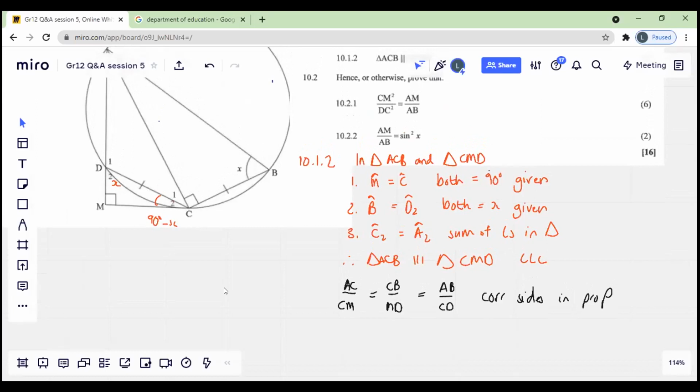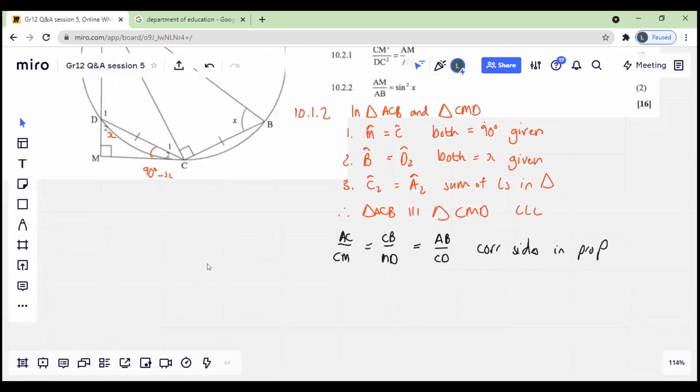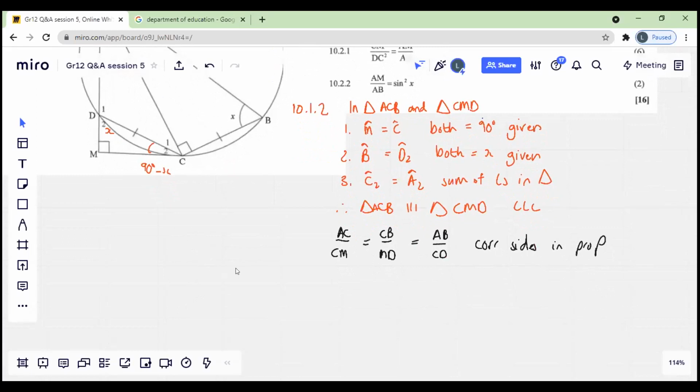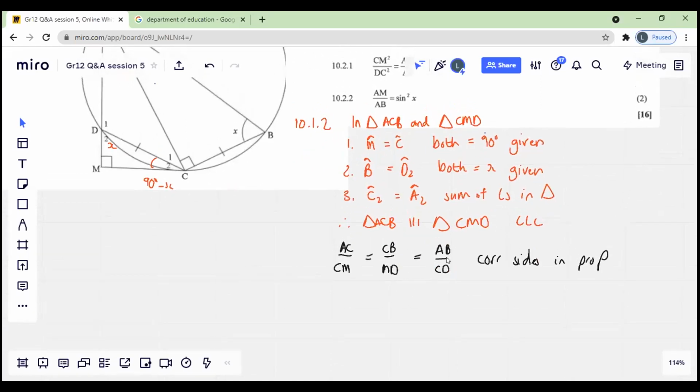Okay, so we want DC over MD is AB. Okay, but then we also know, hang on, we also know that DC and CB are equal to one another. Okay, because we want to make CM squared and we want to make DC squared.